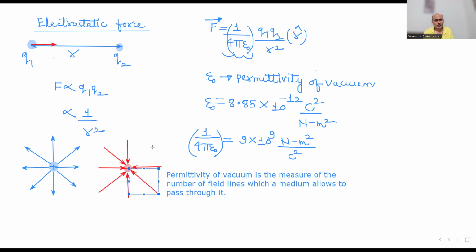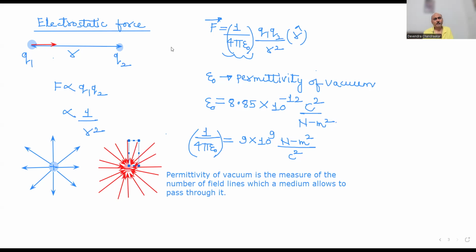Now, suppose these are the number of field lines of this charge.